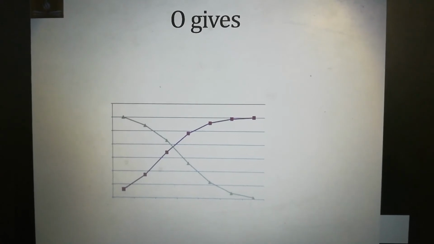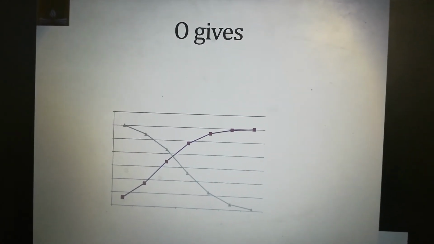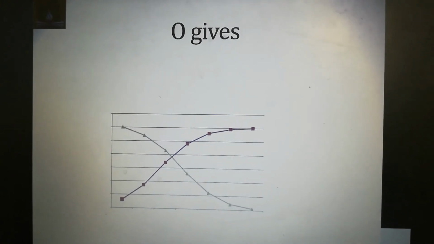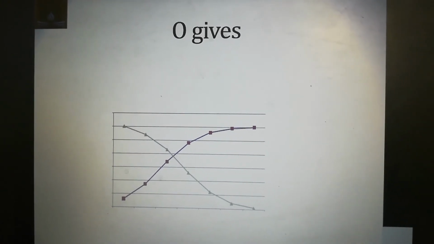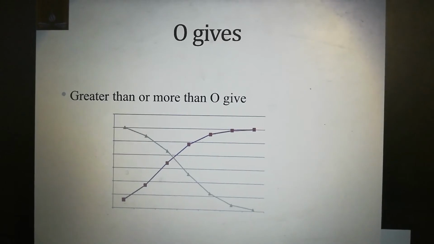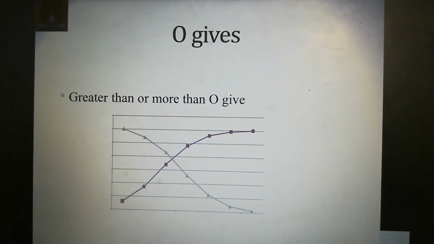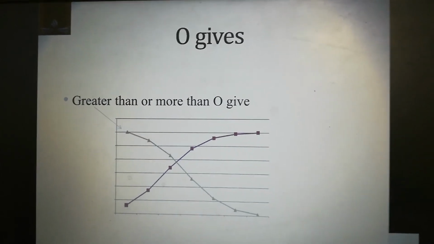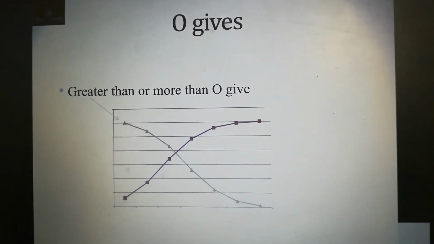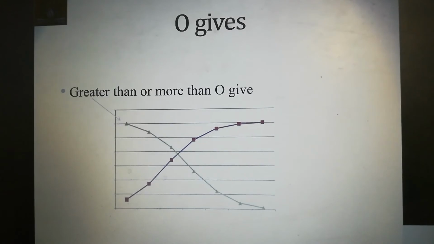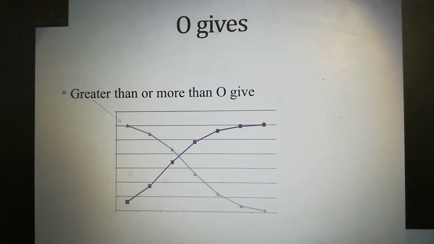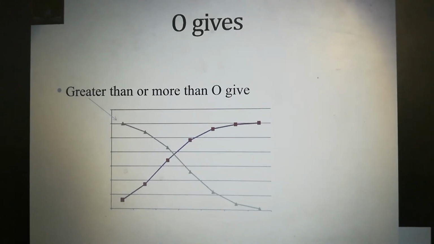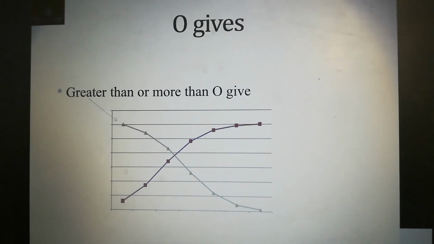So which one is the greater than curve and which is the less than curve? Let's see. So, greater than or more than curves. What is there? The class interval will be on the x-axis, frequency will be on the y-axis, and the lower limit of the class interval is marked with its corresponding frequency.